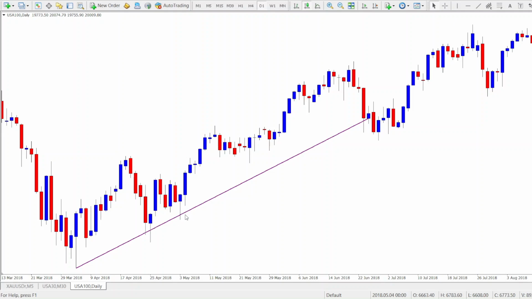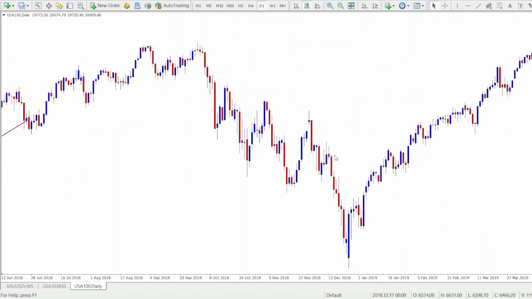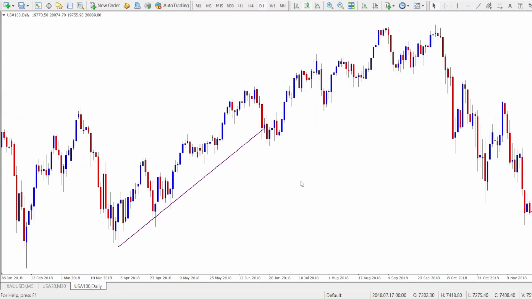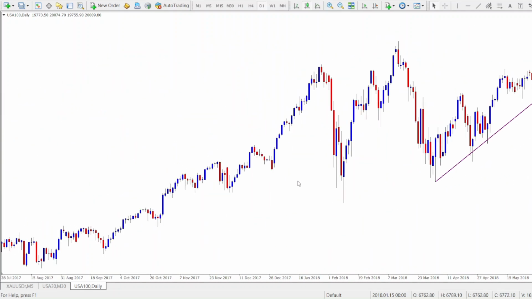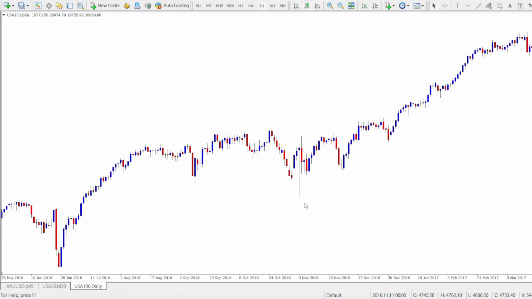When it showed up here, it showed that the bullish move was about to continue. On the other hand, a hammer candlestick pattern can also show up when a bearish trend is about to come to an end. So a hammer candlestick pattern can signify a bullish continuation or the end of a bearish trend.